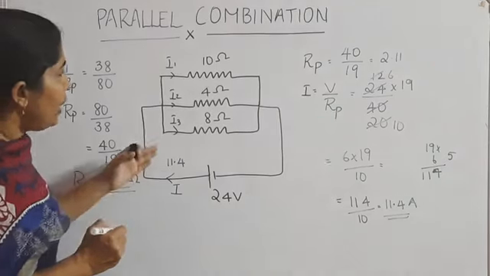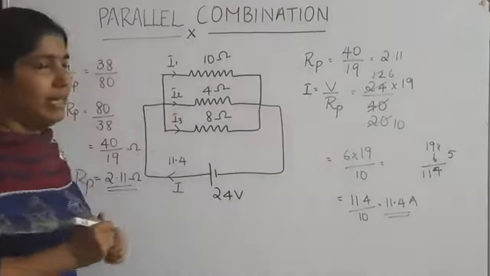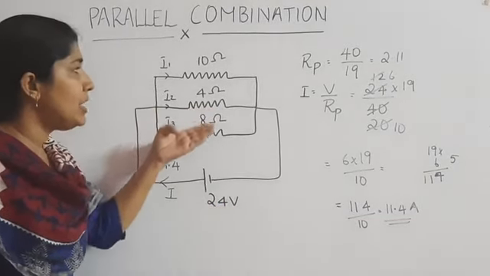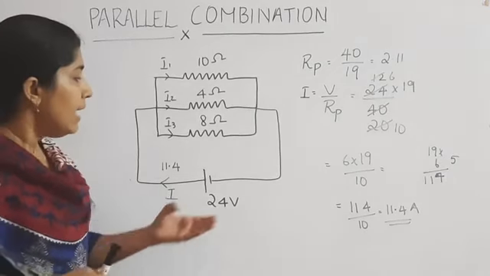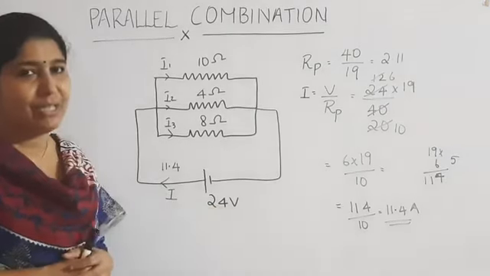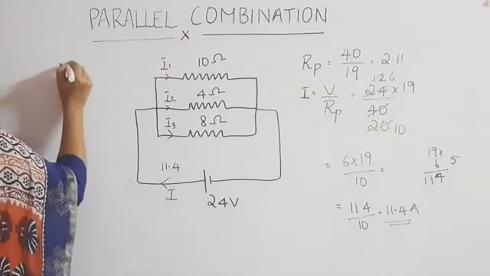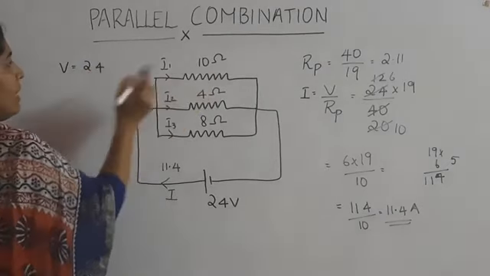Now we want to find out the currents I1, I2 and I3. We know that the voltage applied in a parallel combination is the same. It's equal to 24, that is the applied voltage. So V is known. What about the resistance here?